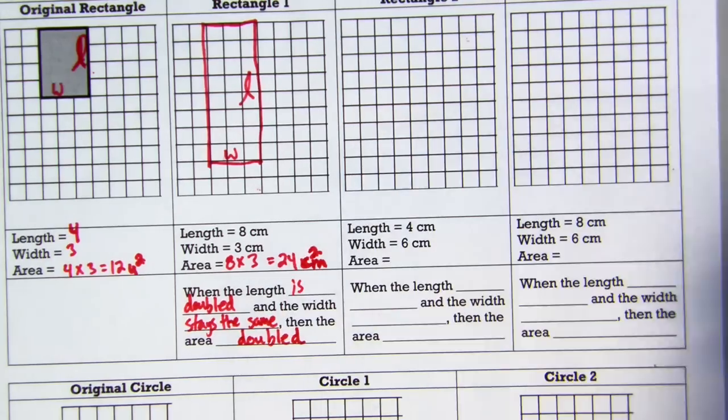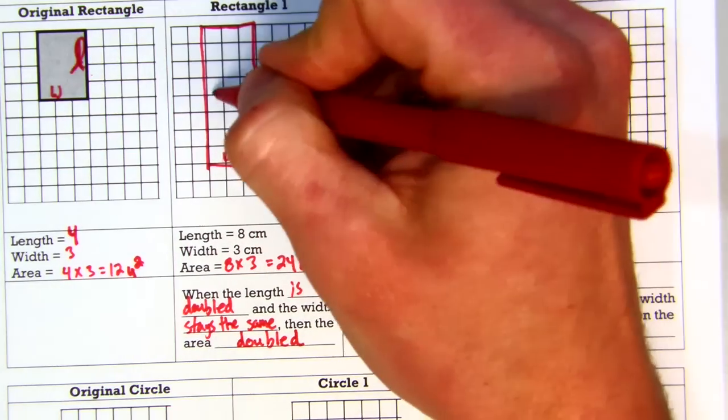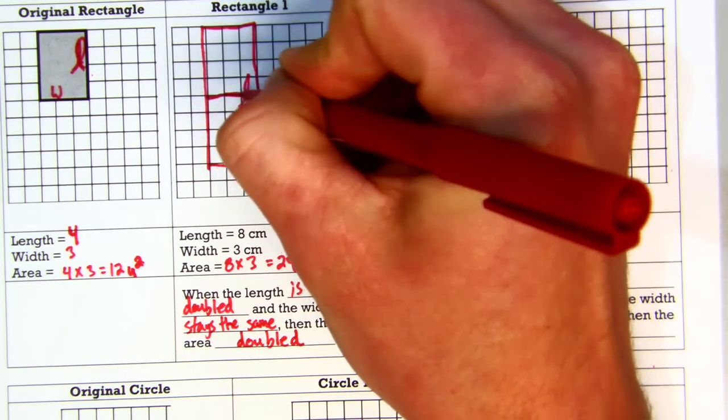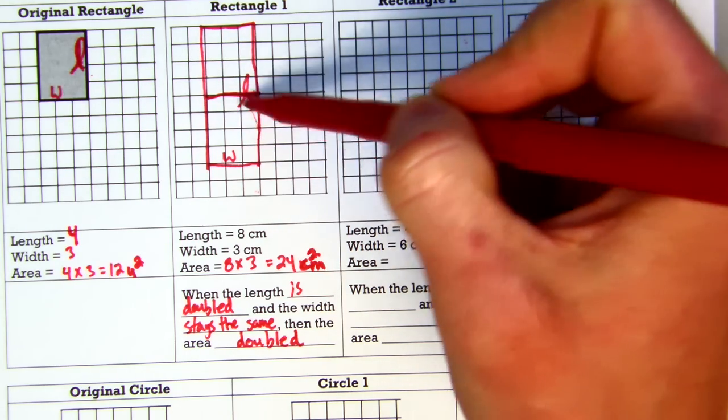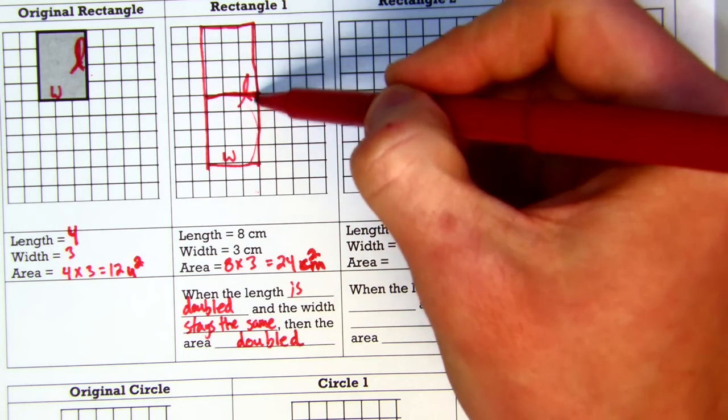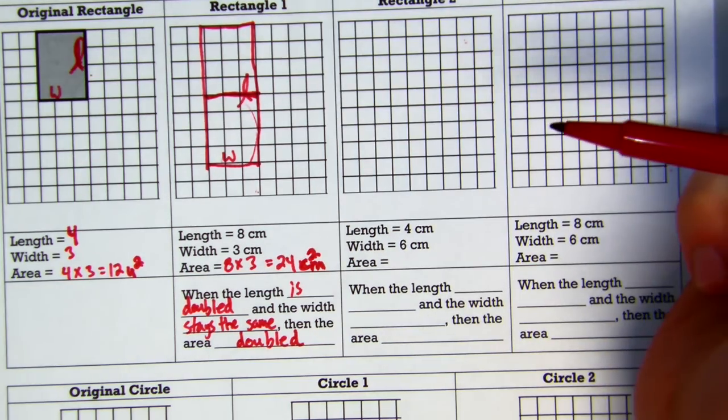And if I look at my pictures to compare them, notice how this rectangle right here is just the same as this one, and then it's twice the size here. By doubling the length, I doubled my area.